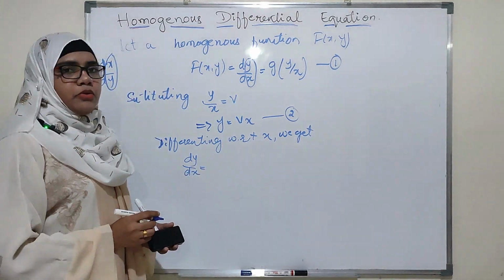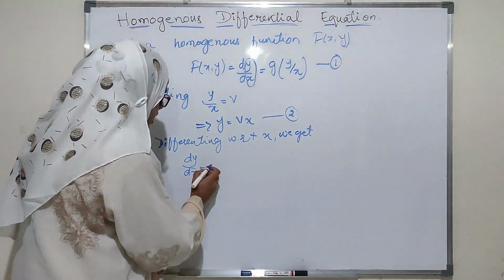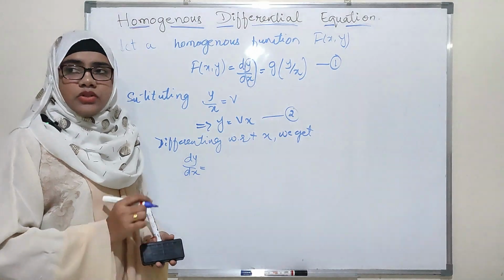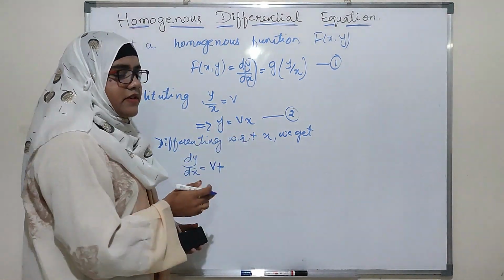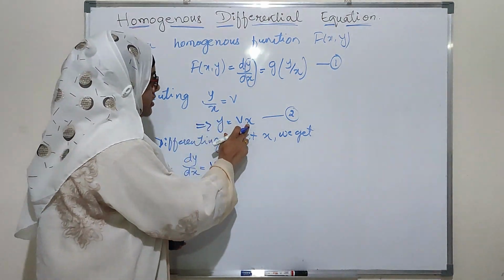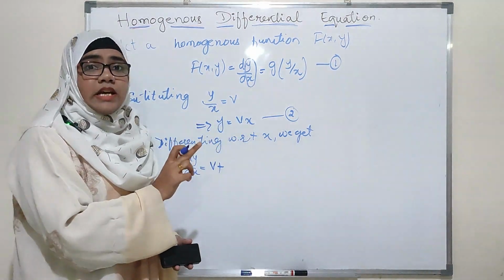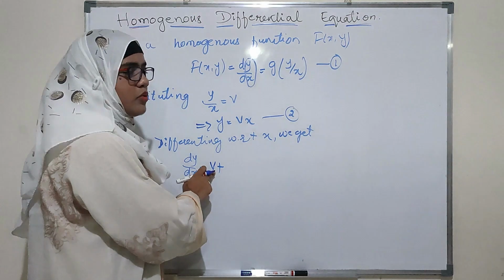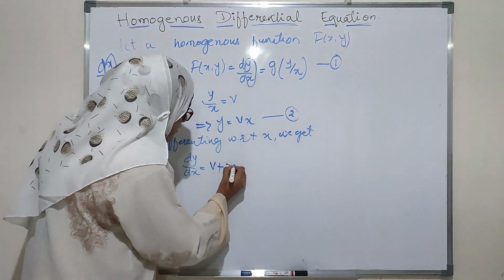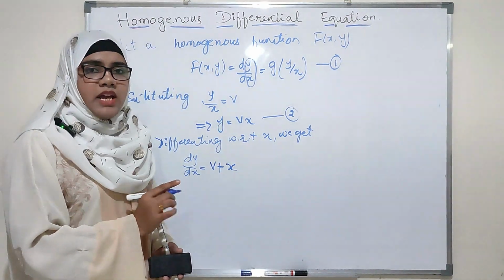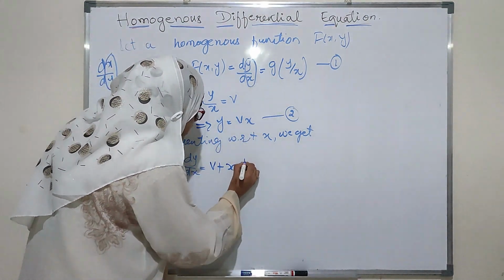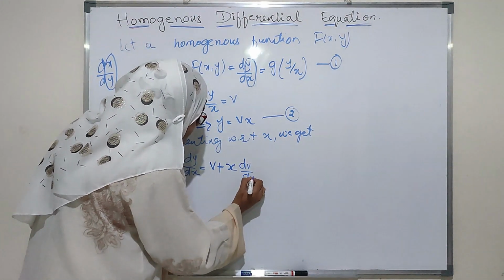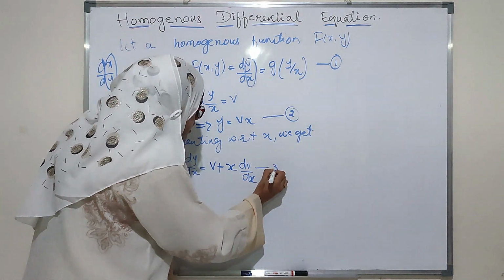By using the product rule, first function v into differentiation of x, which is 1, so v, plus x as it is into the differentiation of v, dv by dx. Name this one as 3.